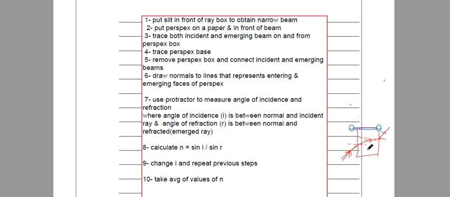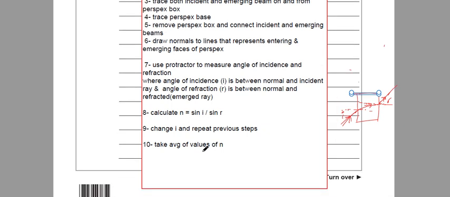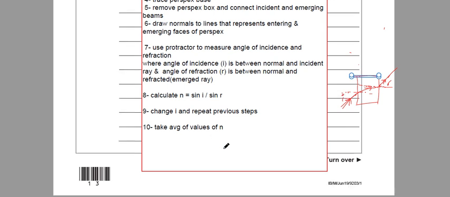So as we said, the angle of incidence is between the normal and the incident light, and the angle of refraction is between the leaving ray and the normal. n is sine i over sine r. Change i and repeat the previous steps. Take the average of the values of n.